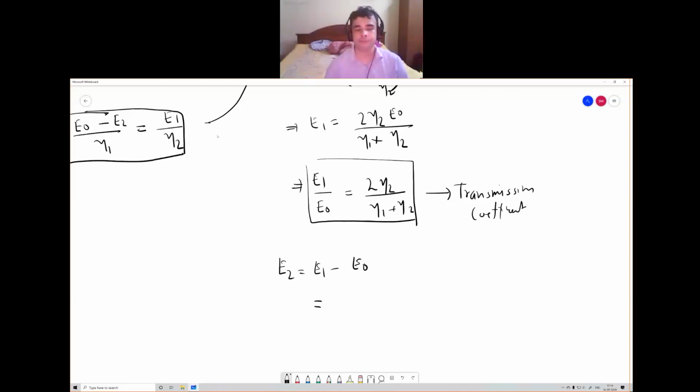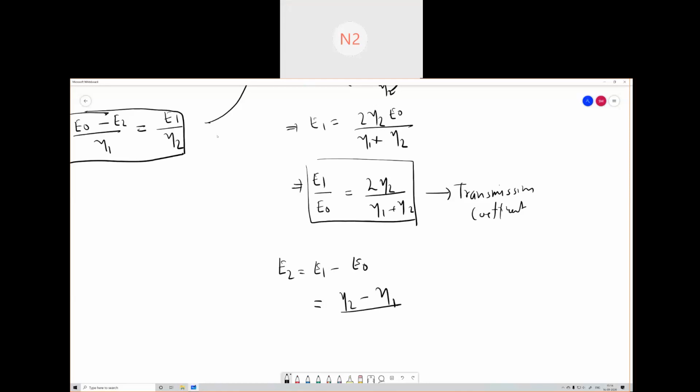Sir, eta 2 minus eta 1 divided by eta 1 plus eta 2 into E0.